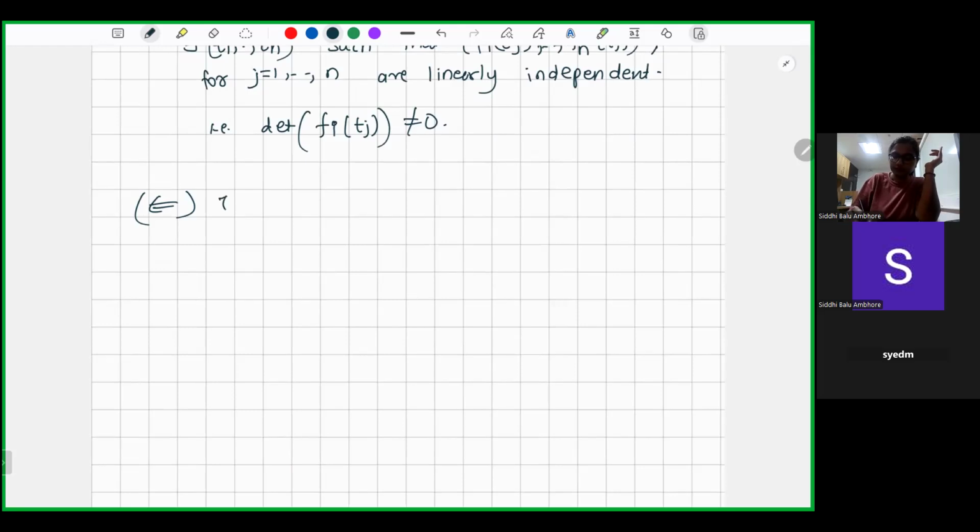So now the converse statement is: if f is not the zero function, then F1 to Fn are linearly independent.